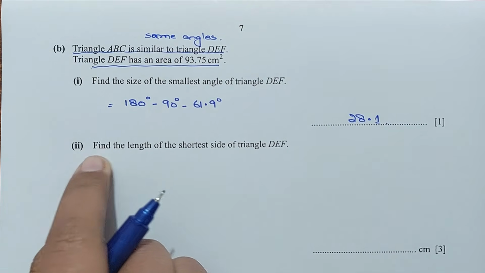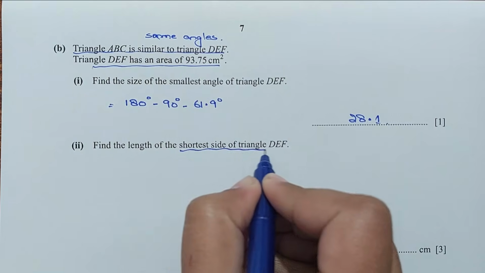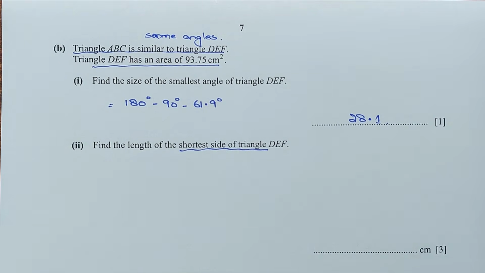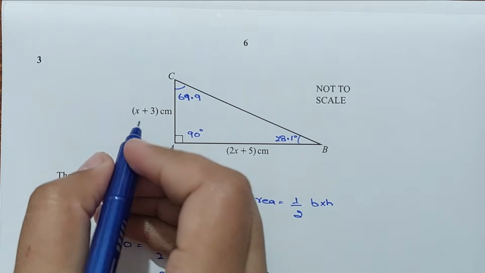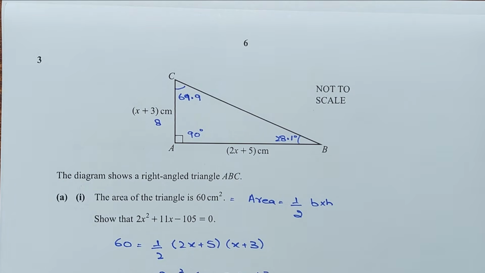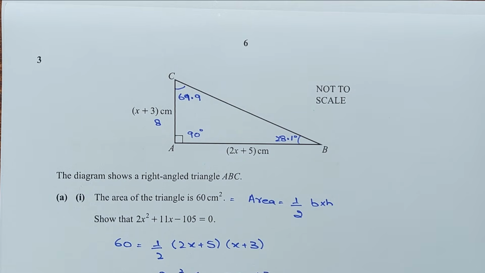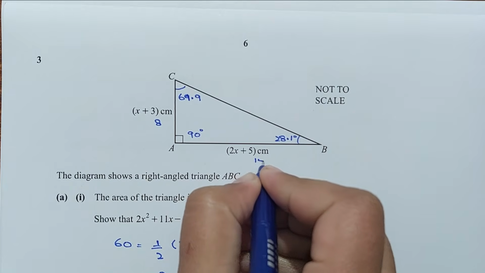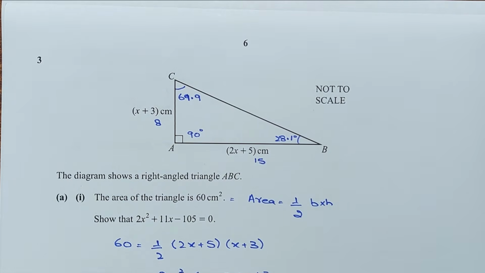Right. Now for the second part, find the length of the shortest side of triangle DEF. So we have a triangle ABC over here. x we are using as 5. So this is 5 plus 3 is 8. And this side is 2 times 5 is 10, 10 plus 5 is 15. This side is 15. So the shortest we can see is just 8, right?